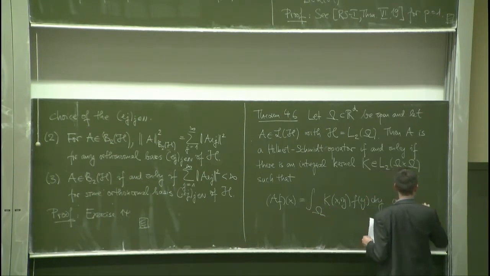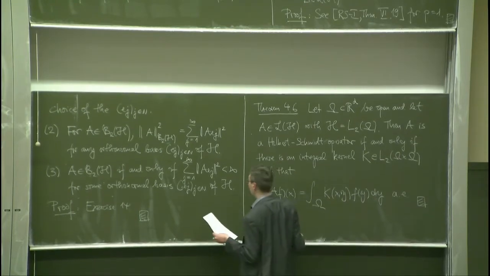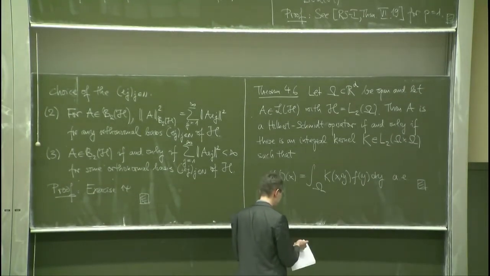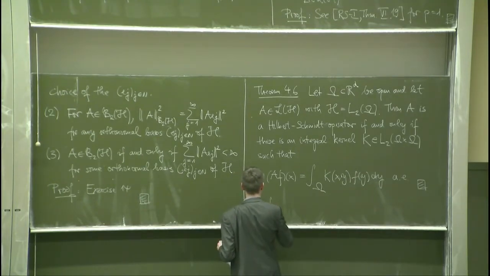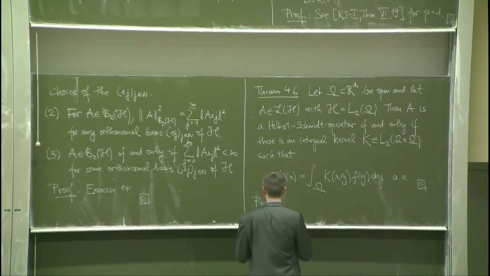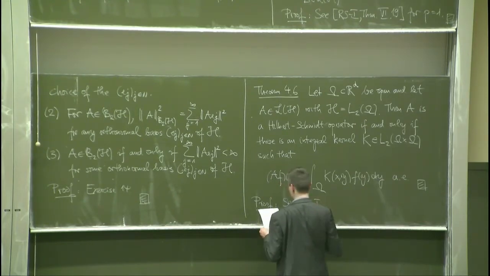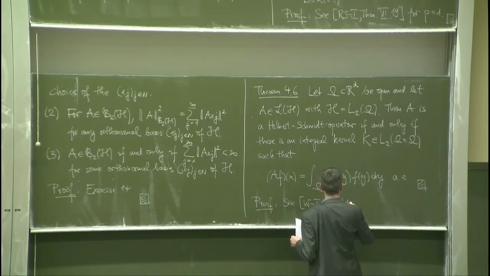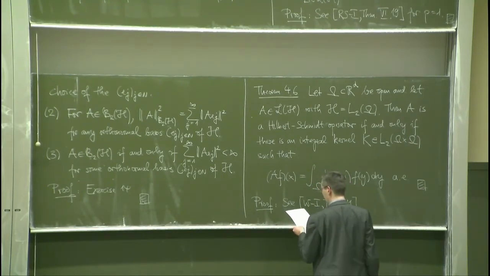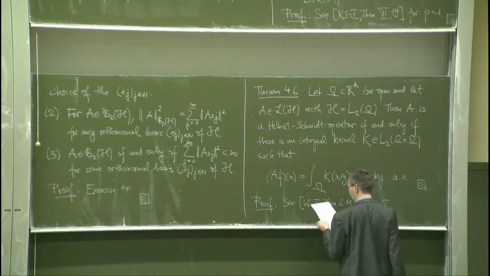Again, I will only give a reference concerning the proof where you can find it. For example, the proof can be found in Weidmann's book, volume 1. There it is theorem 6.11, and you can also look it up in Reed-Simon, volume 1.